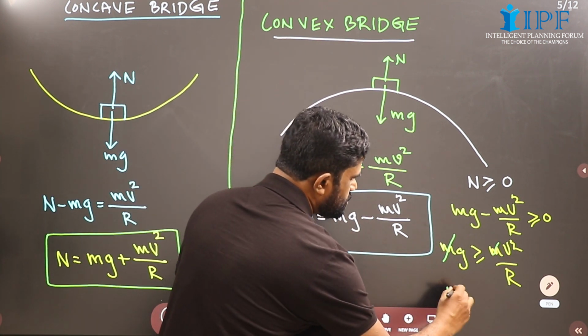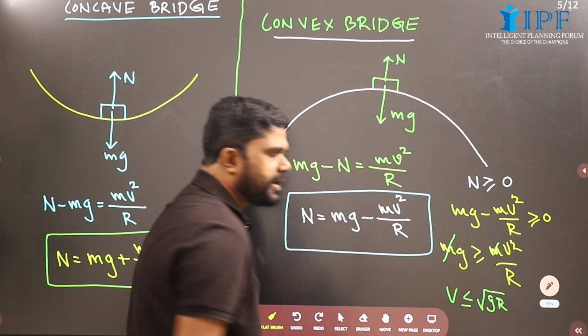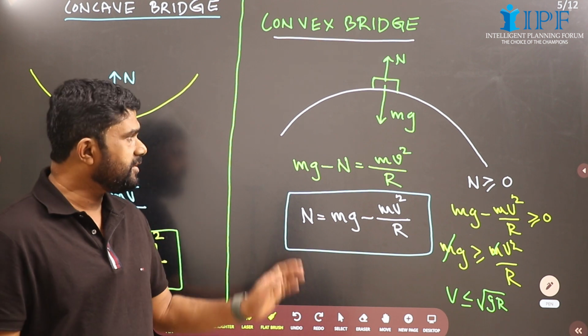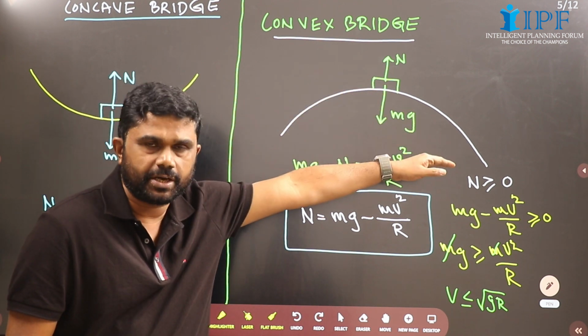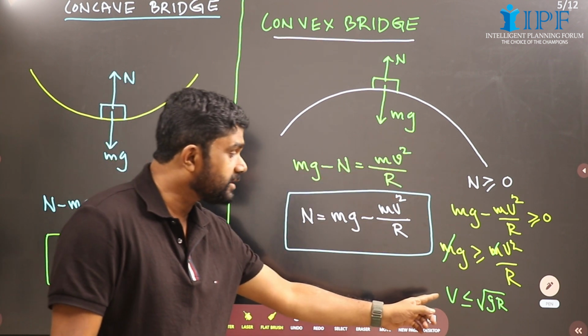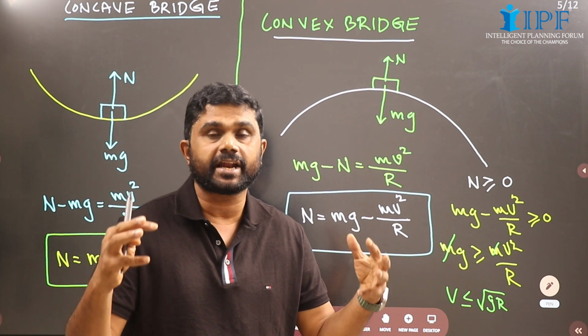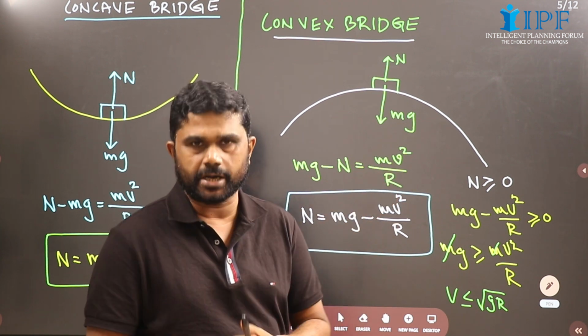So v should be less than or equal to root gr for safe crossing. So when the vehicle crosses this bridge, the speed of the vehicle must be smaller than or equal to root gr, or the maximum speed with which the vehicle can cross this bridge is root gr.